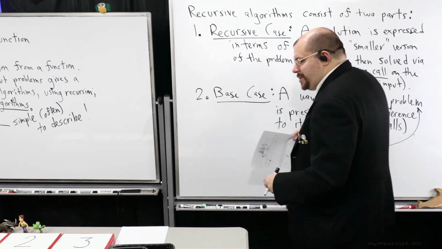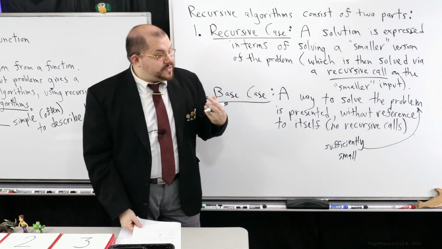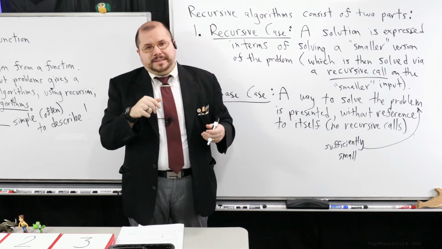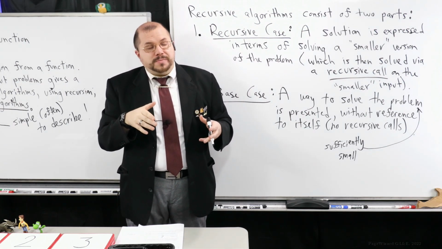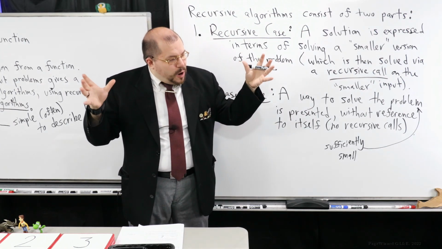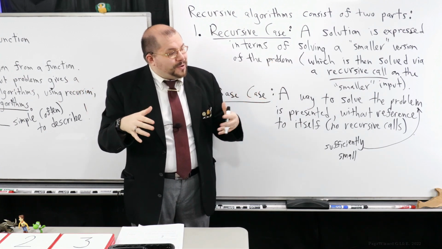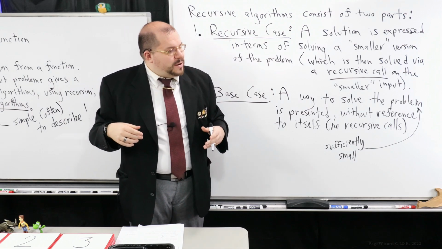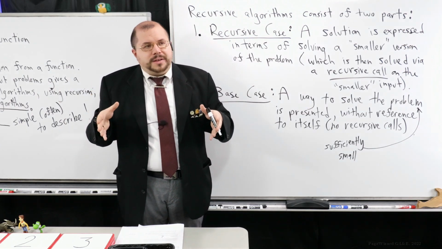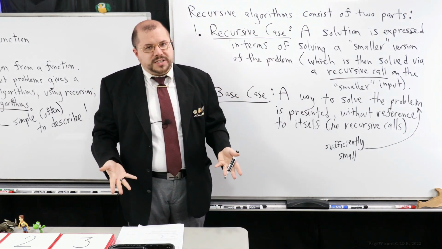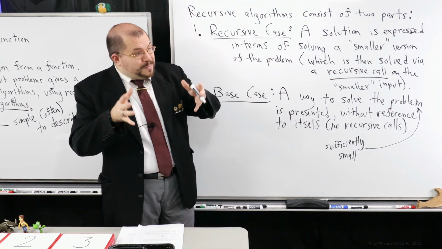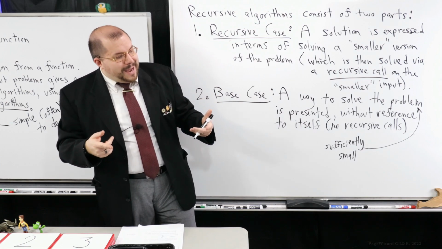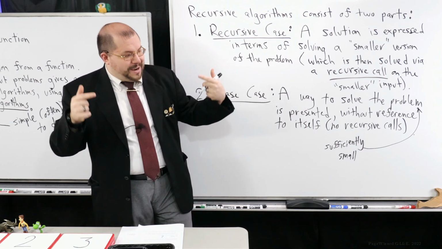For example, it may be the case that you know how to solve the problem when you only have, say, one element to consider. Or you may know how to solve the problem when you have a small enough sized input. Or, say if we're talking about something quite practical, there may be an algorithm you could describe recursively, but when the input gets small enough, you might want to use a different algorithm that solves that problem directly.